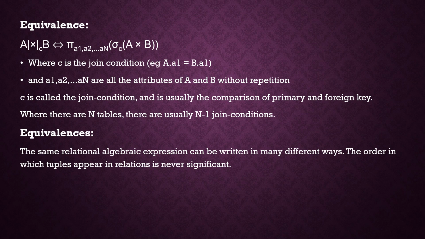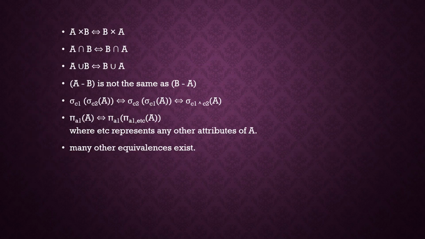Equivalence means the same relational algebraic expression can be written in many different ways. The order in which the tuples appear in the relation is never significant. Some points are there depending on the equivalence. Here it's very important: A cross B is not equal to B cross A, but here it shows only this symbol.